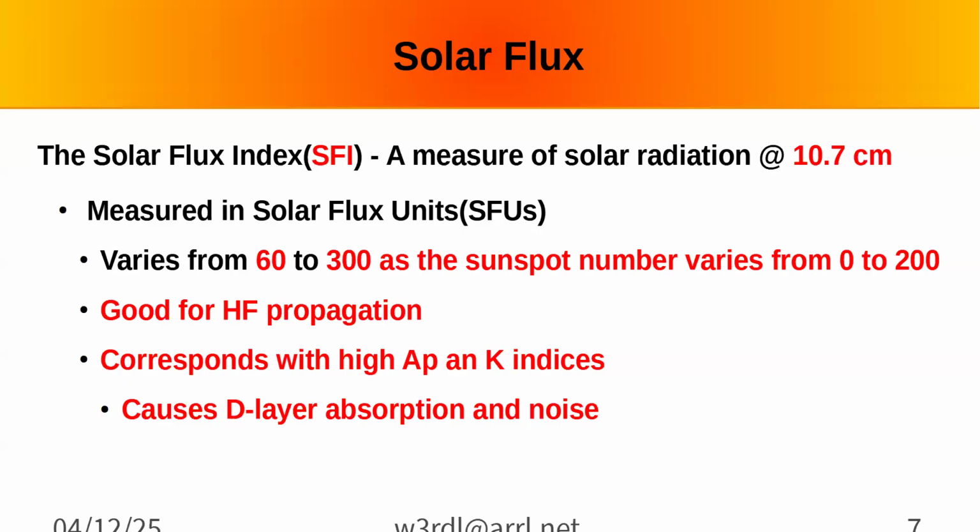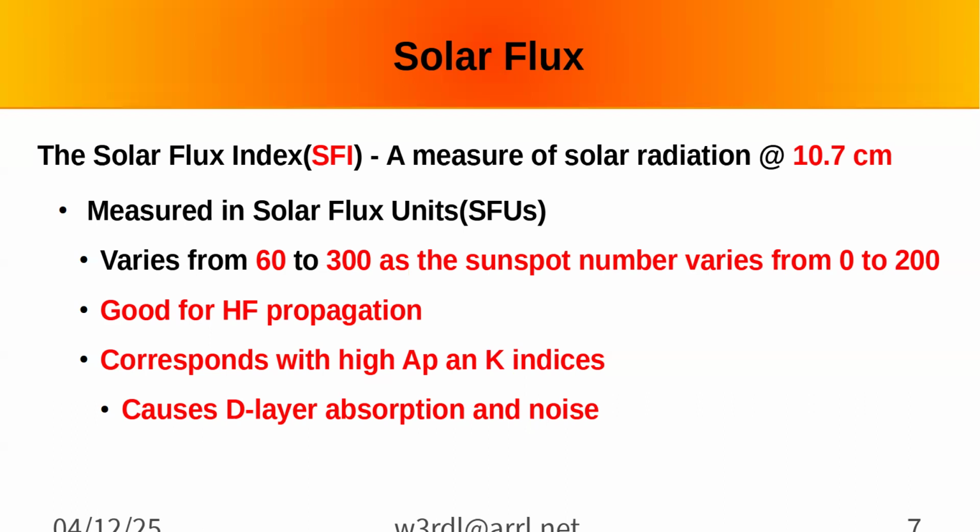Why did they measure it at 10.7 centimeters? It's just somebody decided that's a good place to measure it. That's the wavelength, at whatever frequency that turns out. That's fairly high, maybe in the gigahertz.